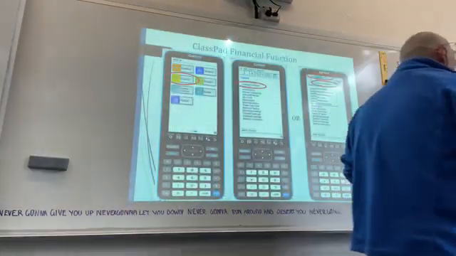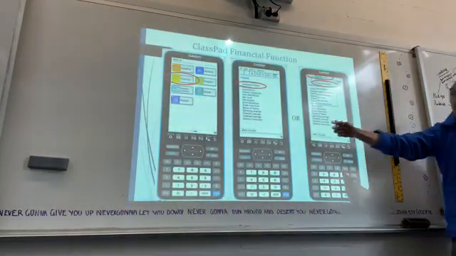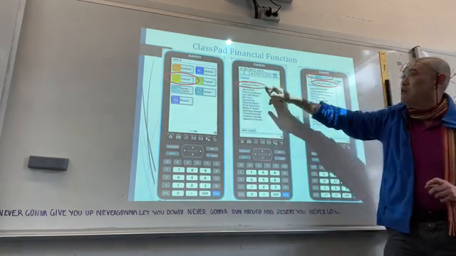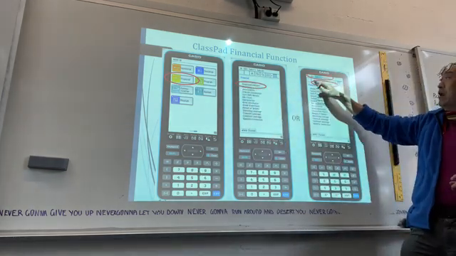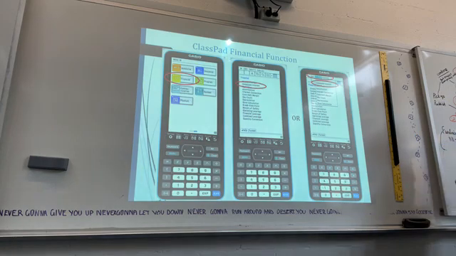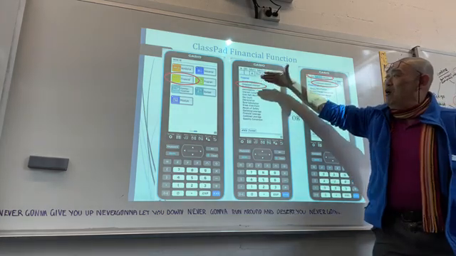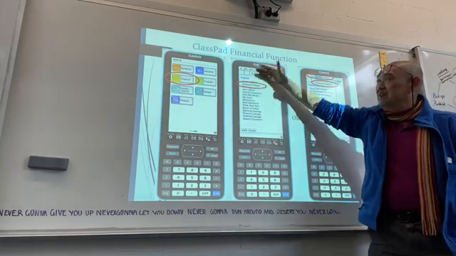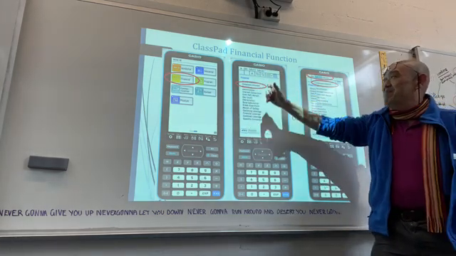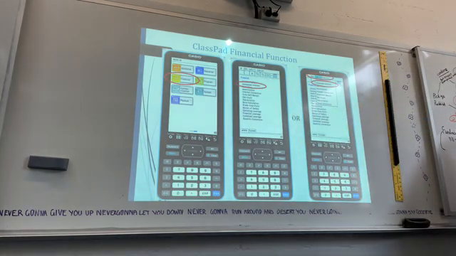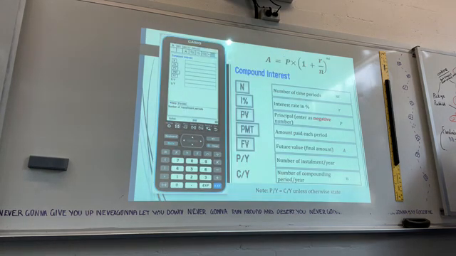So you need to get up to, like I said, either this or that, either from financial compound interest or Calc 1 compound interest. All right? You can see there are a lot of functions in there. We can do simple interest if we want to, but I think compound interest is the important one. All right.